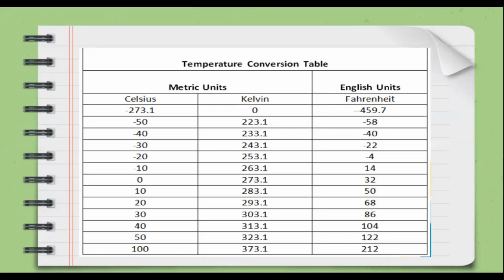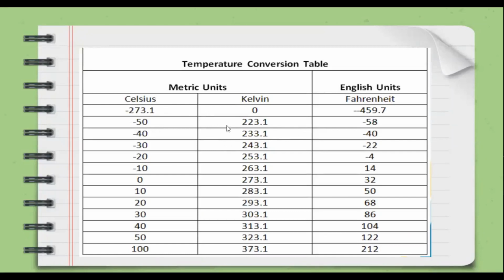So the equivalent value of 0 Kelvin in degrees Celsius is negative 273.15, and in Fahrenheit, we have negative 459.67, and so on with the different values given here from Kelvin to Celsius.